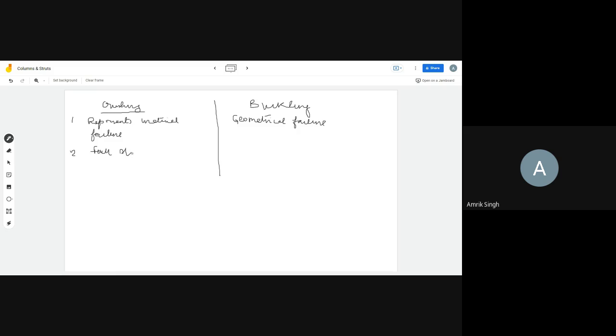Here, in buckling, the full strength of material is not utilized.